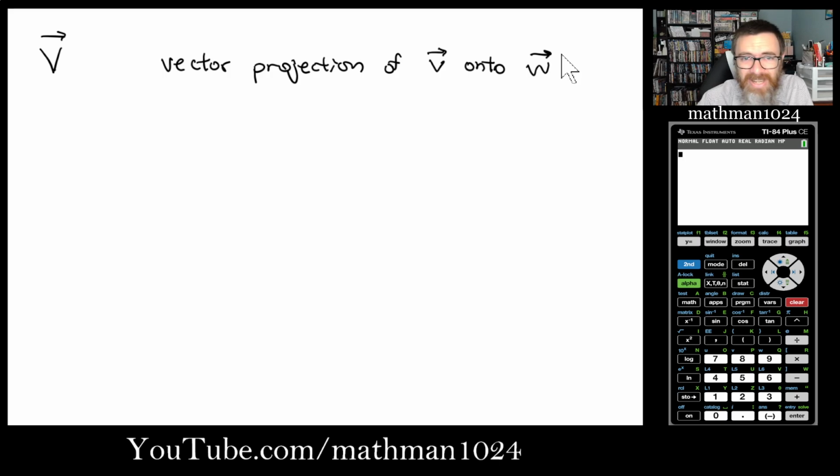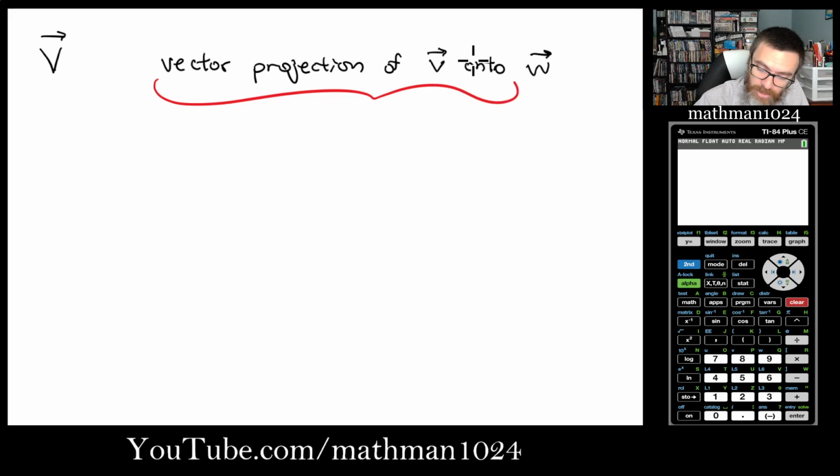So we're going to break this down into two parts. One part that is going to be parallel to vector w, and another part that's going to be perpendicular. Okay, so this vector projection of v onto w, we're going to call v1. And really what we mean by it is this.